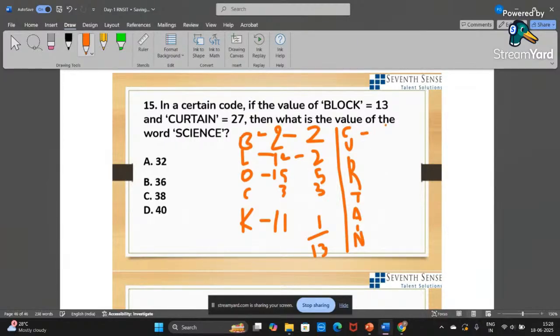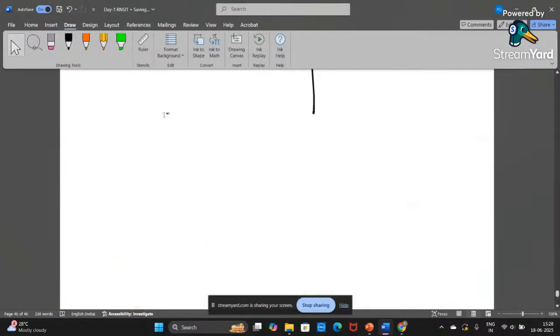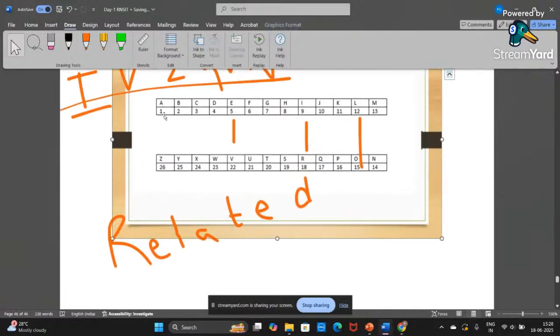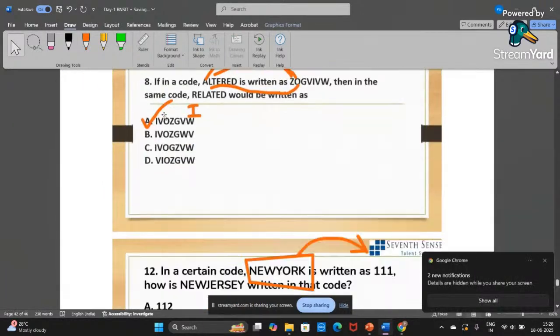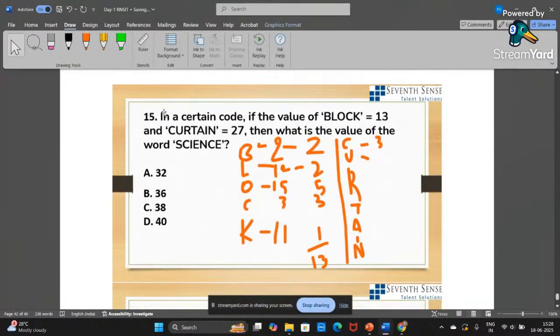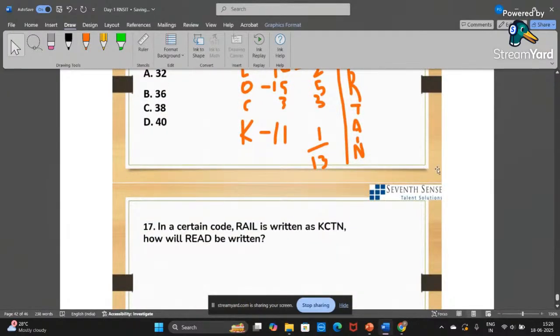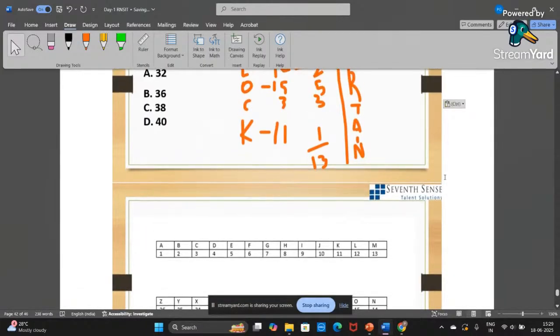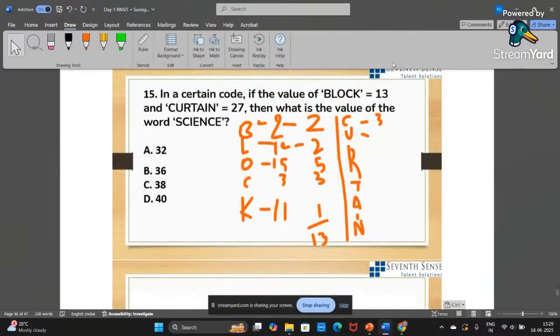You have to write the position in alphabetical order. For C it is 3. For U it is 21.